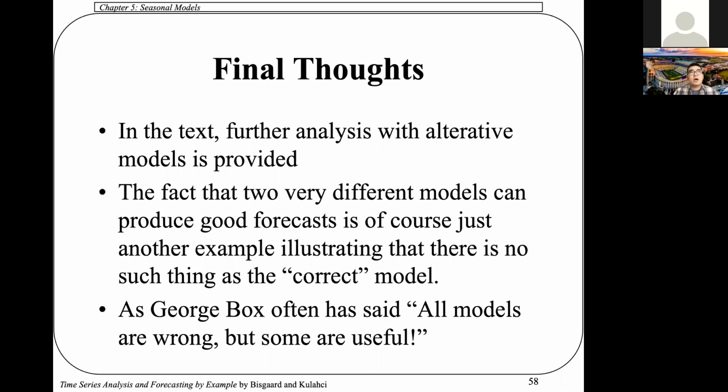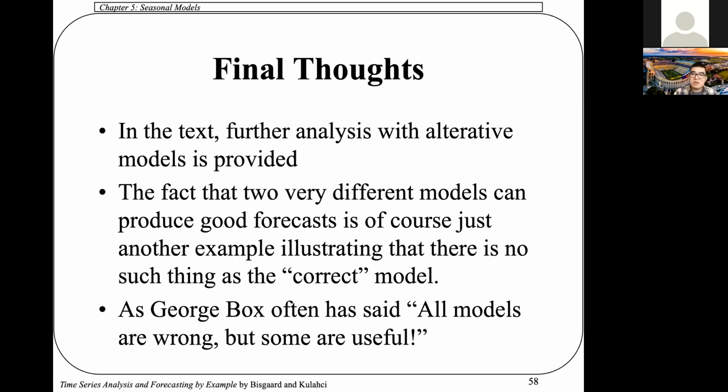Whenever you find your model is not very good, there are a couple of ways you can refit your model. Number one is that you re-choose the order of your model. Number two is you do some other transformation. And number three is that you do some outlier analysis.